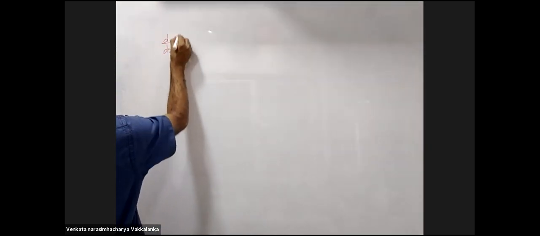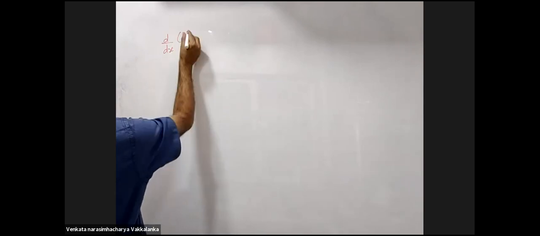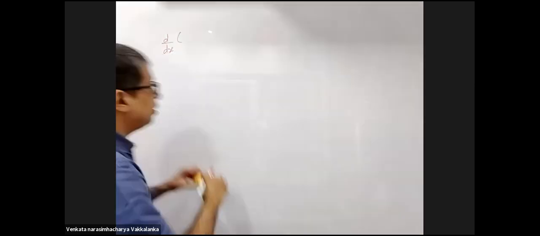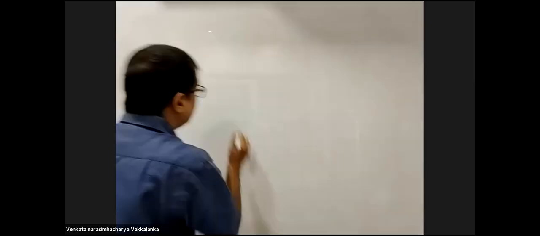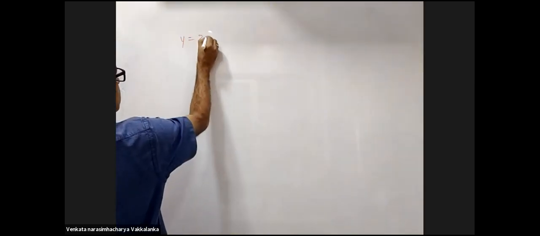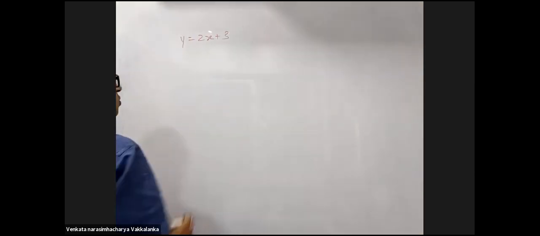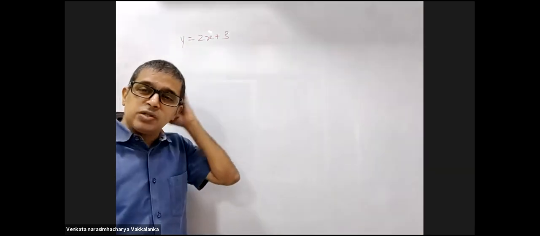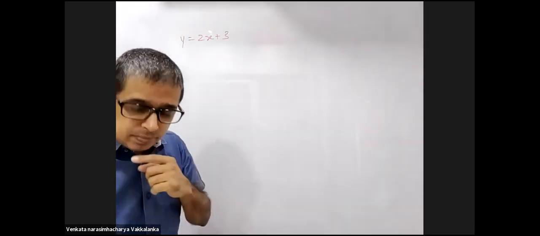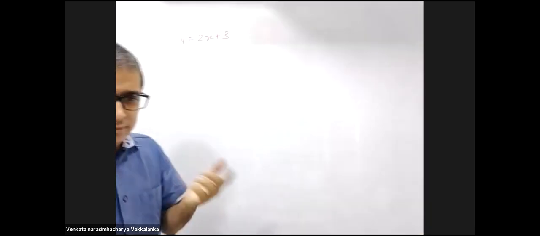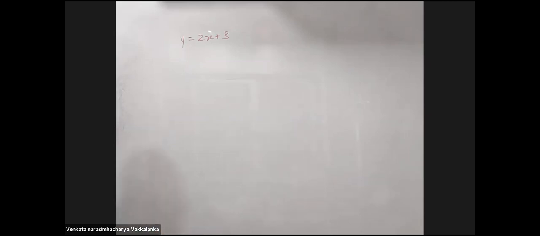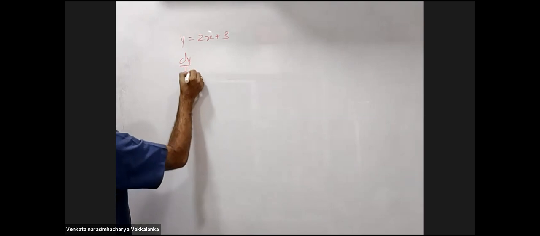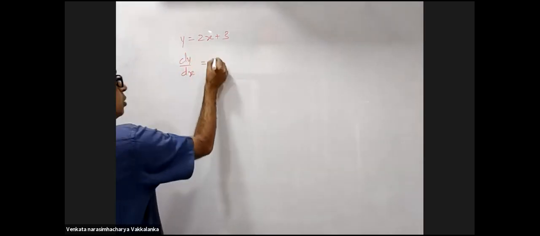We take this differentiation one step ahead. Just for your convenience, if I give you an equation y equal to 2x plus 3, compare it with y equal to mx plus c. What is the slope? It is 2. dy by dx should also be 2.